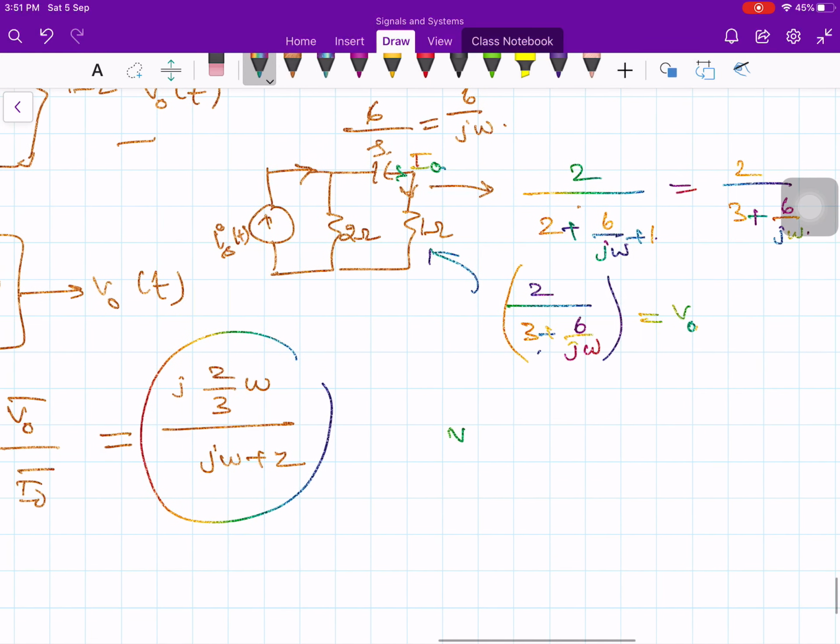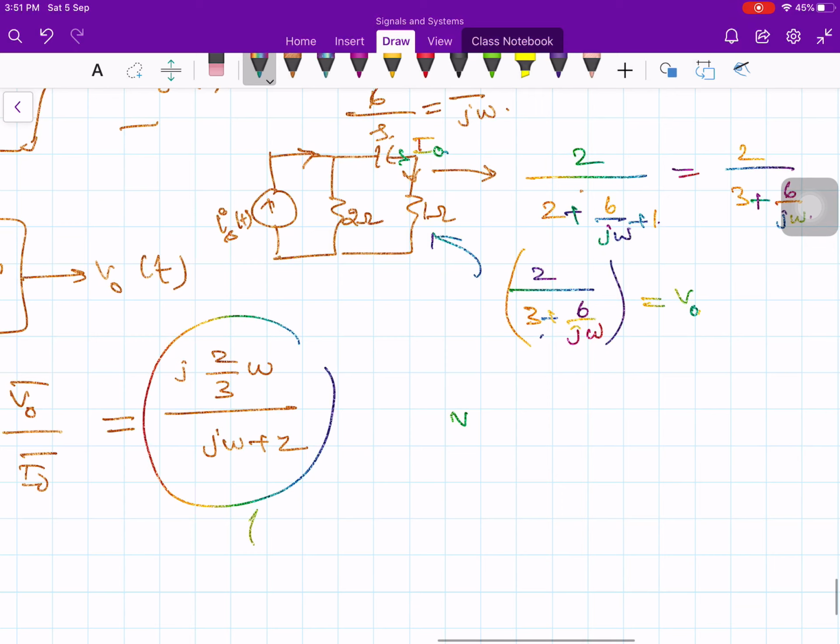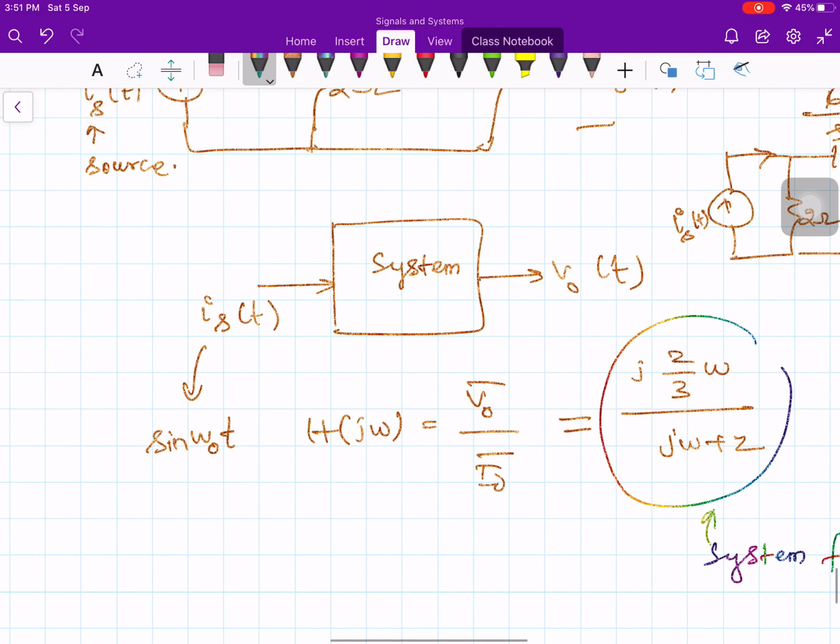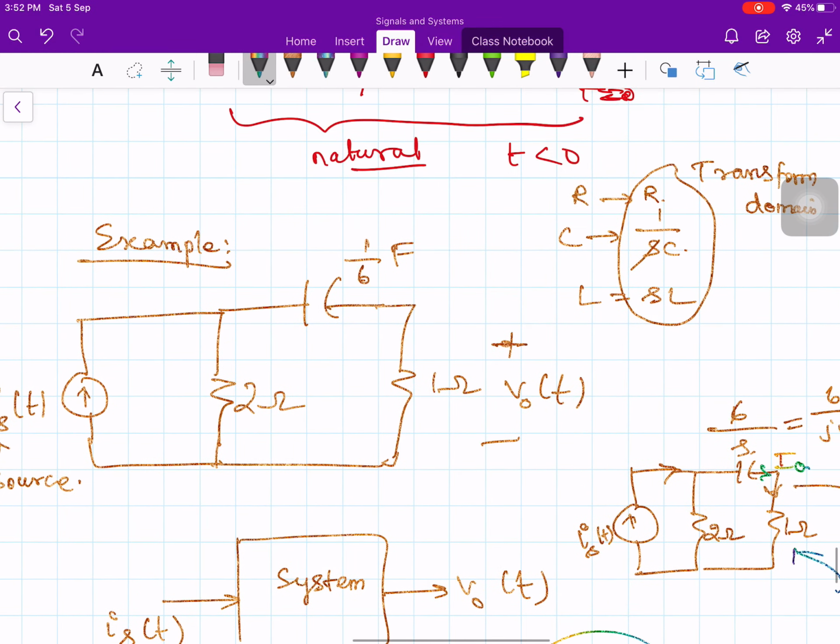And this is called a system function. I think I have written something wrongly. Yes, it's correct only. V naught by I naught.